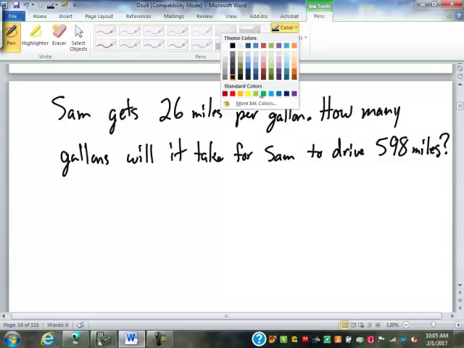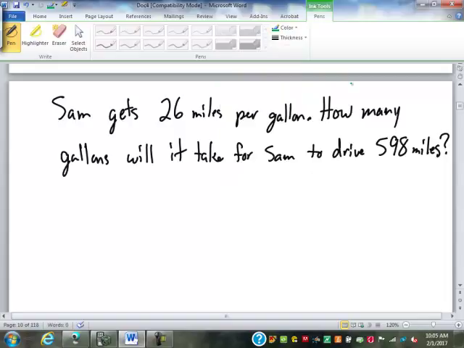Now, here's a case where you don't actually need any information from the problem to write the equation. The equation is a standard formula. We know that your miles per gallon times your gallons of fuel used is equal to the distance you can travel.